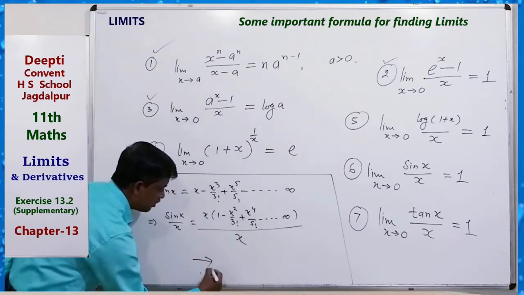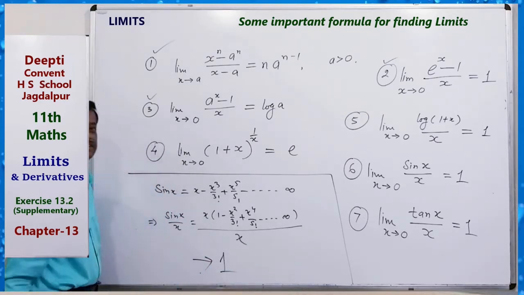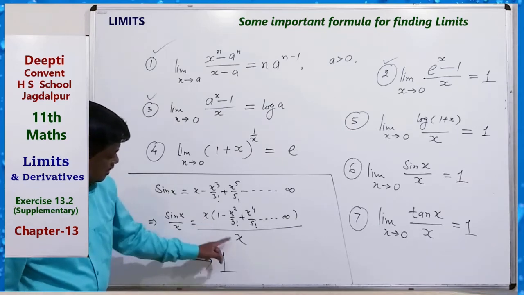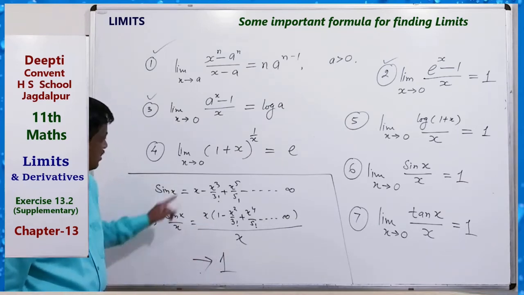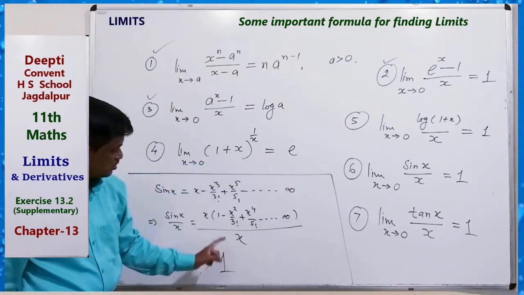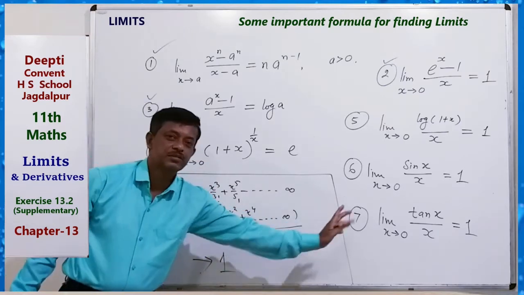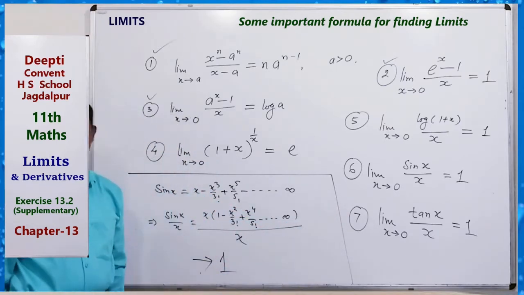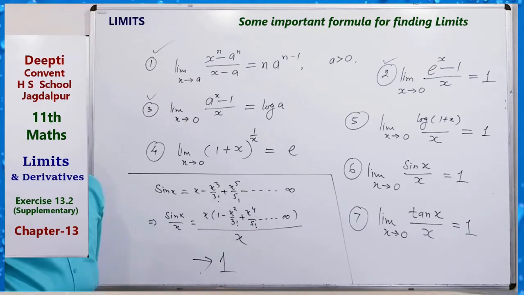So this tends to what? Also 1. Why? The x cancels, we put x equals 0, so the remaining parts will be 0 except 1, so the limit will be 1.